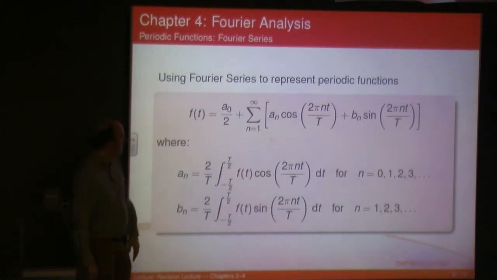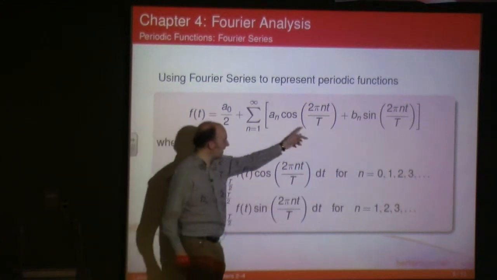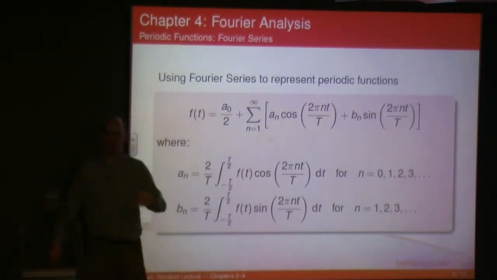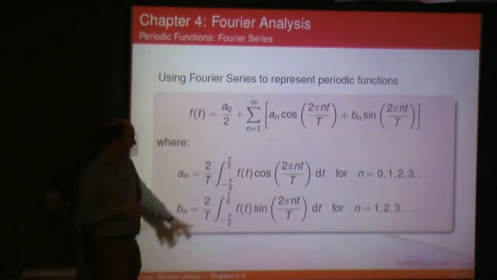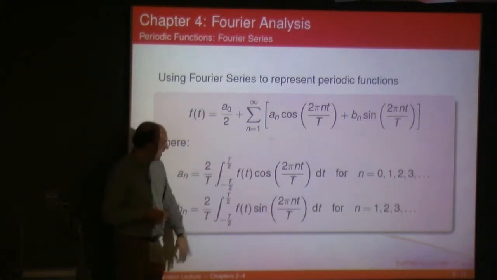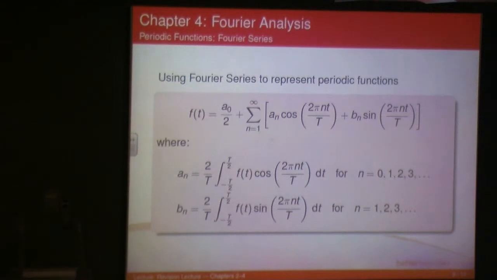You can solve for an and bn, which are the coefficients, and depending on whether the function's even or odd, you can discount one of them. Often, if the function is neither even nor odd, then you've got both the sine and cosine terms, and you go through solving these integrals. You find an and bn and plug them in, and you end up getting your forcing function.